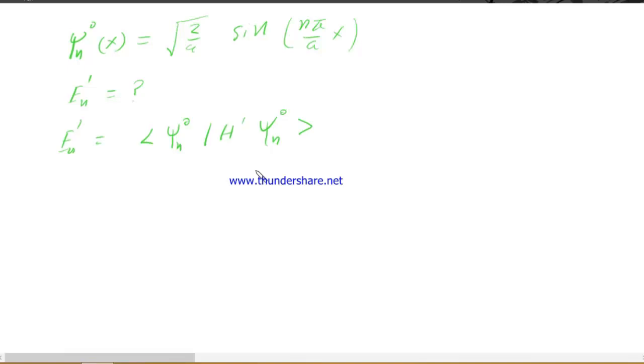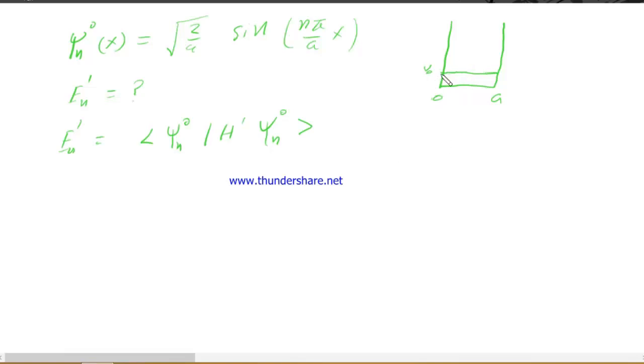Okay. So now we consider the infinite square well like this, from 0 to a, and here we consider the perturbation or the change in the system, like this, from 0 to V0.